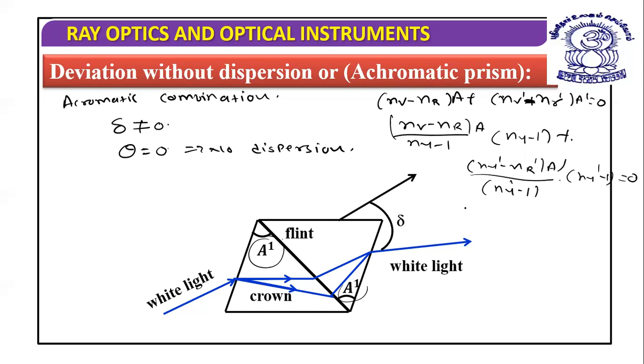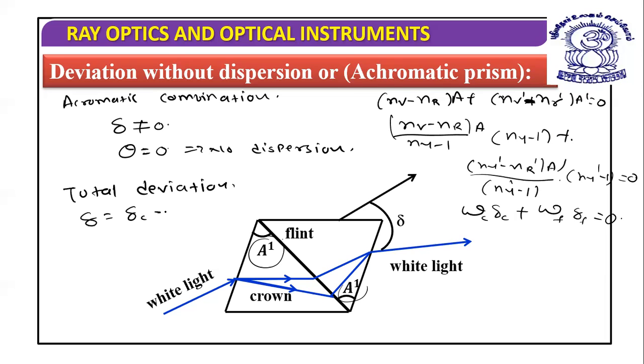So basically we can write that omega into delta for crown glass plus omega into delta for flint glass, this total is 0. The total deviation produced, delta, is equal to deviation by crown glass minus deviation by flint glass.